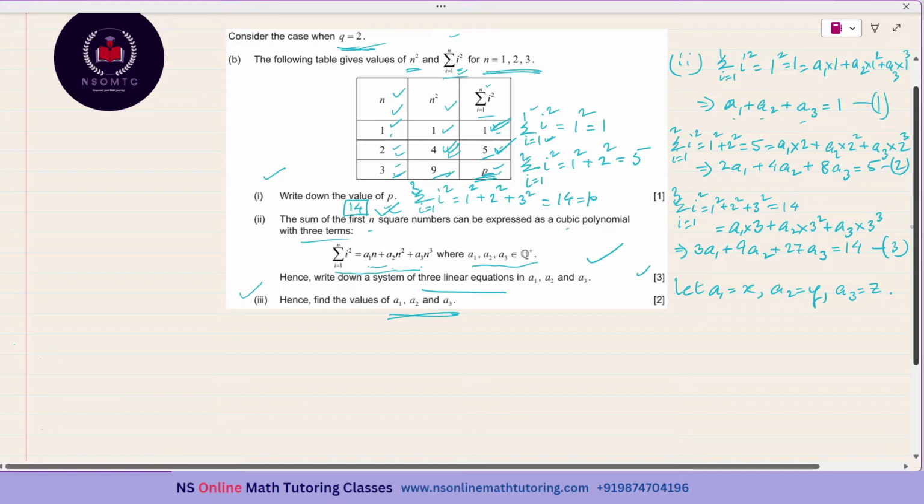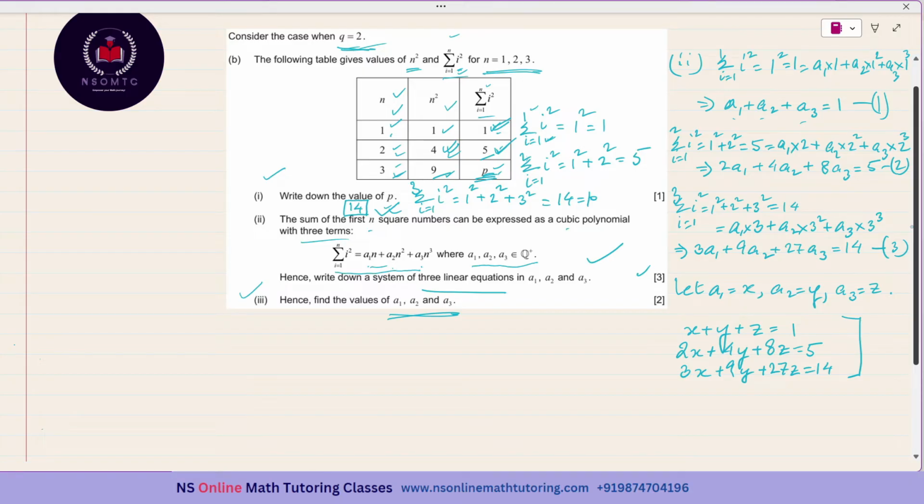So the equations become x plus y plus z is equal to 1, 2x plus 4y plus 8z equal to 5, and 3x plus 9y plus 27z equal to 14. And we will be using the calculator. I am using the TI Inspire CX2 calculator to get the values of x, y, and z.